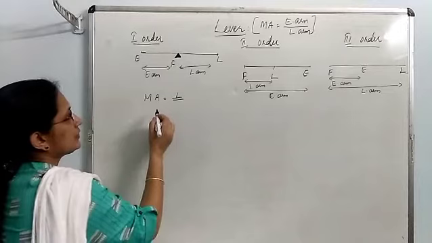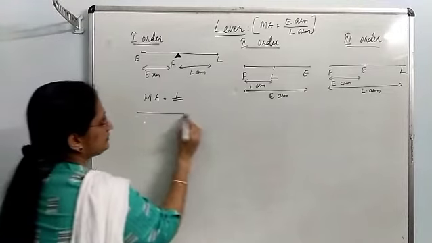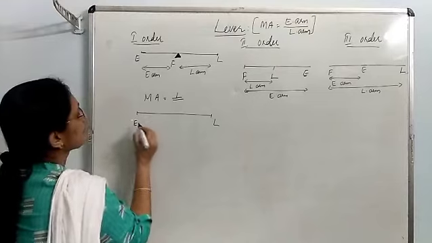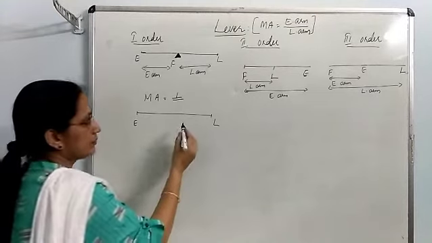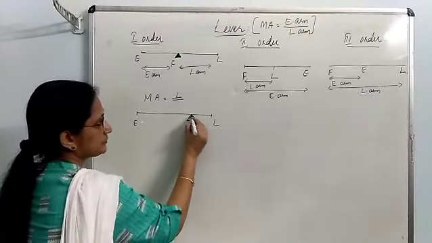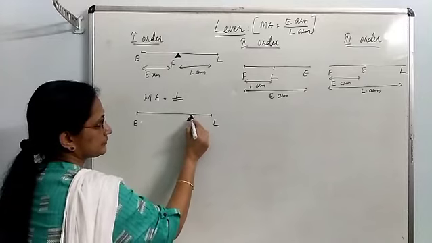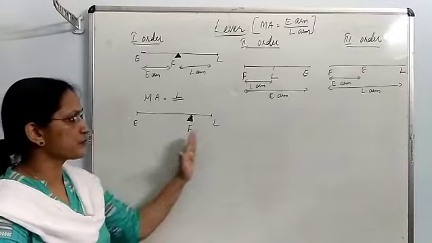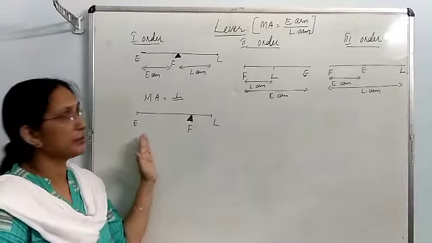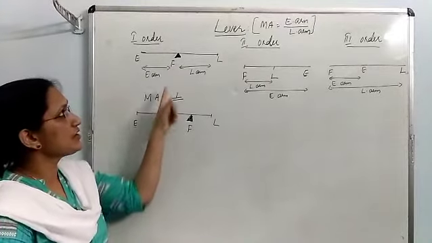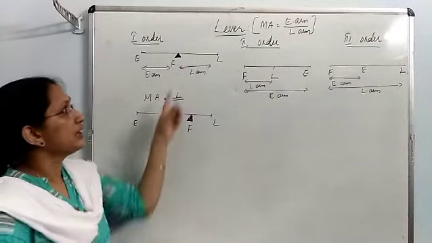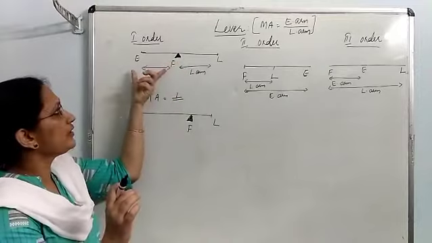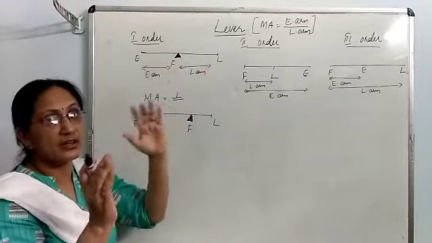Then in first order lever, you can keep the fulcrum close to load. This is also first order lever. Fulcrum comes between load and effort. But the difference between these two is, look at the position of the fulcrum. Here fulcrum was kept at the midpoint, thereby effort arm and load arm were equal.